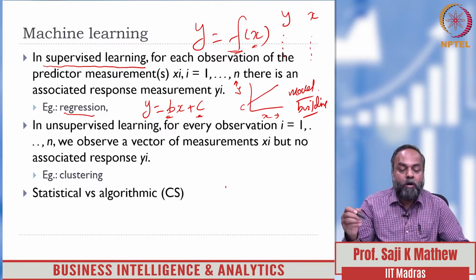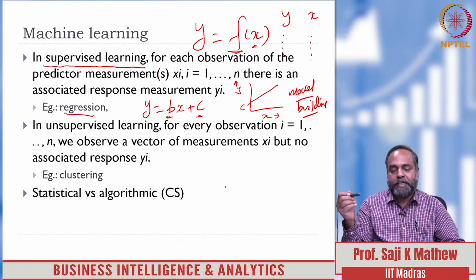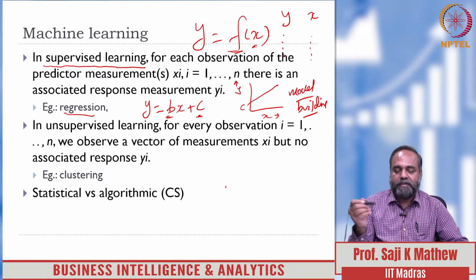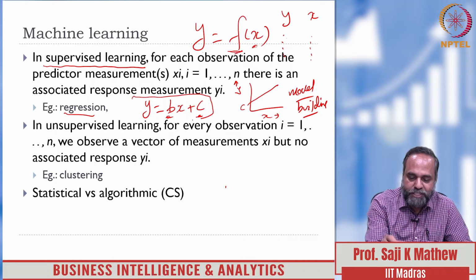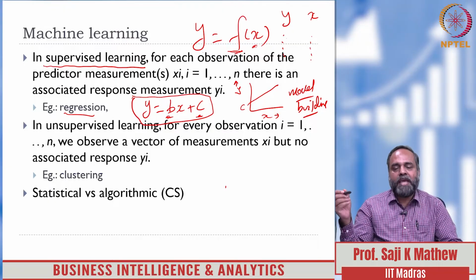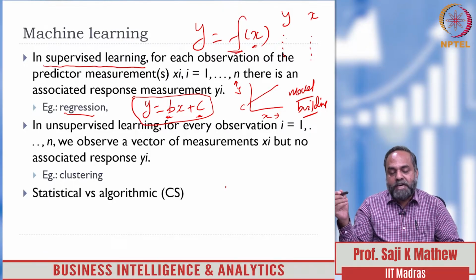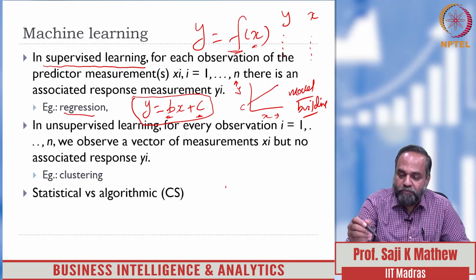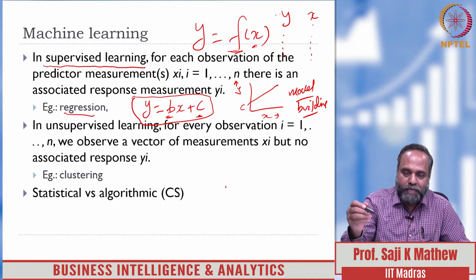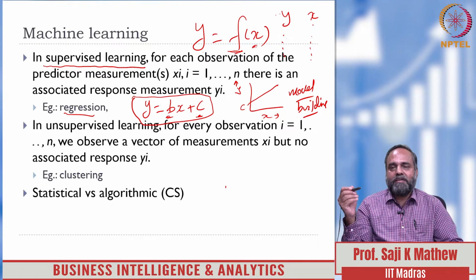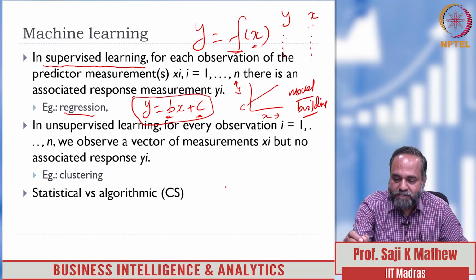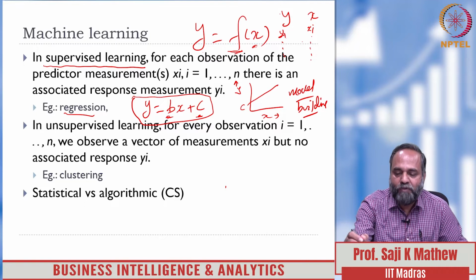Now I will call this kind of technique machine learning, where the model is the machine, and it learns from data and estimates the value of b and c. For every value of x there is a y. When the value of x was x1, what was the value of y1? When the value of x was x2, what was the value of y2?